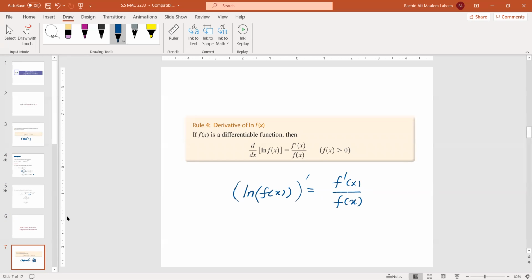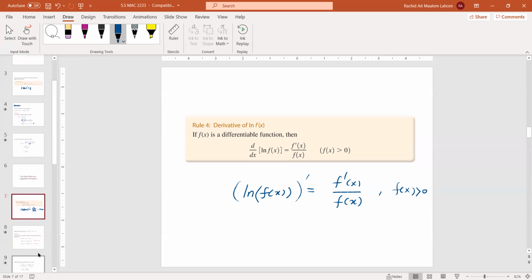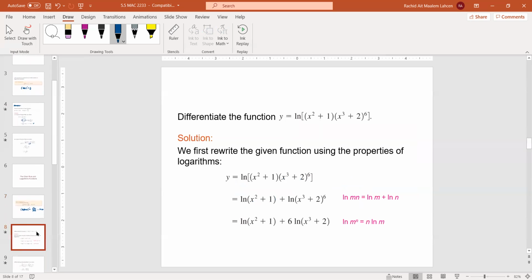All right, so applying that chain rule. Of course, the same restriction here applies, that f of x needs to be strictly positive. So it's simple. Let's say example 2.